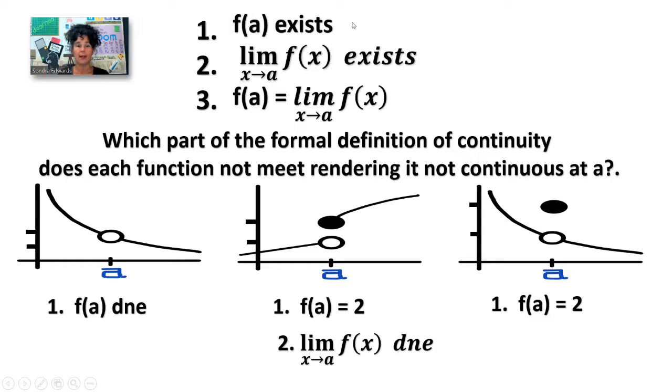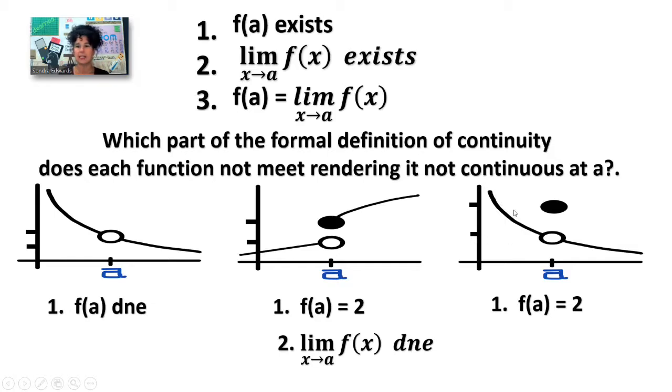So part 1, check, that looks good, it exists. Then on to part 2, the limit as x approaches a of f of x has to exist. So coming in from the left-hand side as we get closer and closer to x equals a, we're heading to a height of 1. Getting closer and closer to a from the right, we're heading to a height of 1.